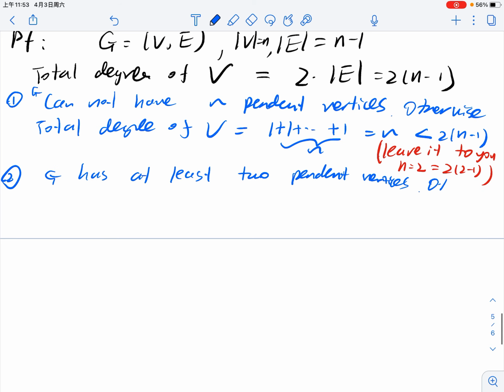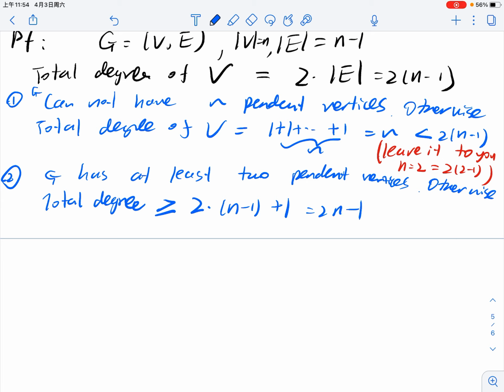Otherwise, the total degree of V is greater than or equal to 2 times (n minus 2) plus 2, so strictly greater than 2(n minus 1), which is a contradiction.